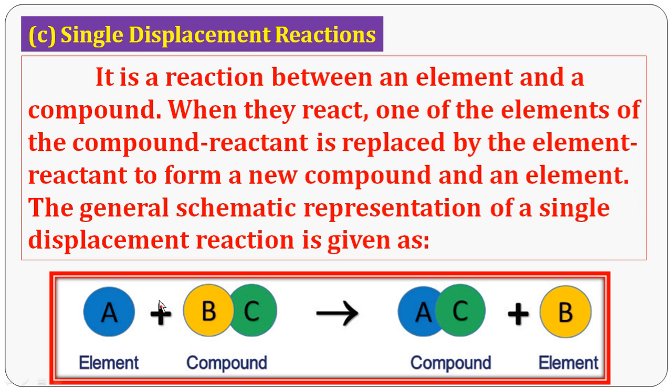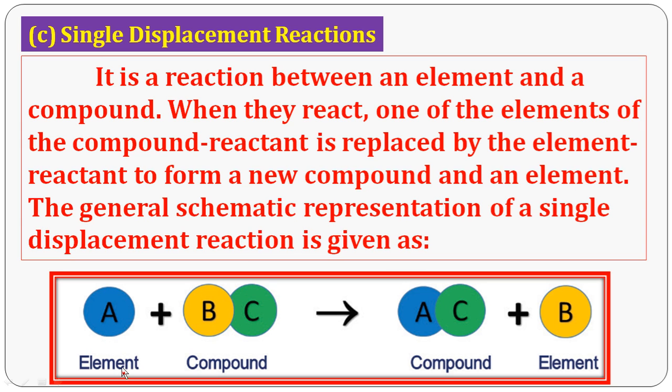Here the element and compound react. One of the elements of the compound reactant is replaced by the element reactant to form a new compound and an element. The general schematic representation of a single displacement reaction is given below.